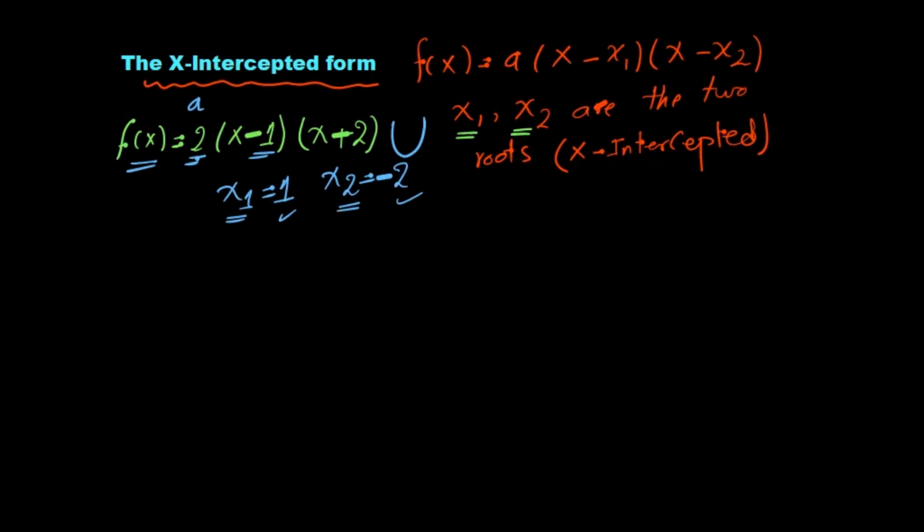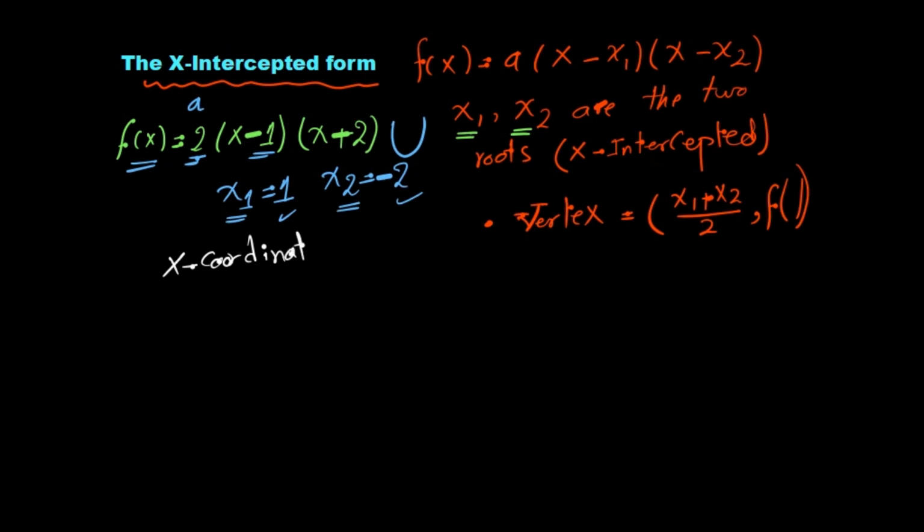How to get the vertex? This is the first rule and the important one. The vertex is (x1 + x2) divided by 2, and the function value at that point. Find the x coordinate first, which is h from the vertex form.